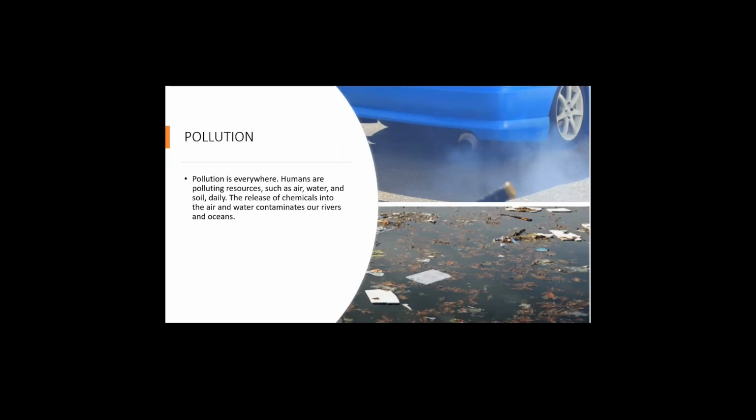So we talked about transportation causing pollution to the air. We talked about the dumping of trash and chemicals into water can cause harm to the environment, and also land by trash landfills and just different ways that humans are polluting the environments around us.